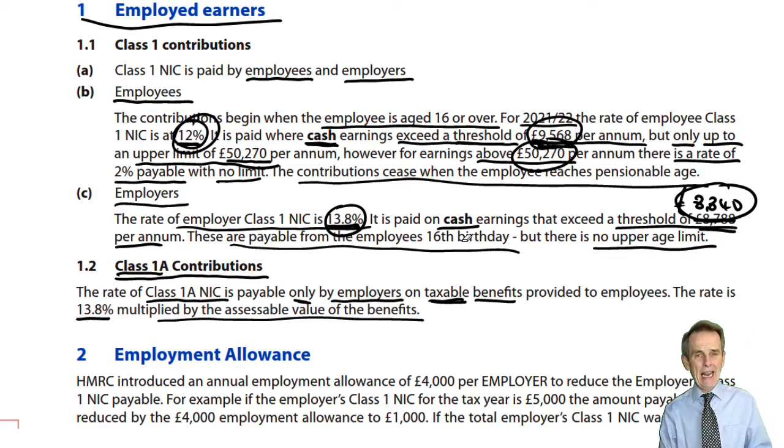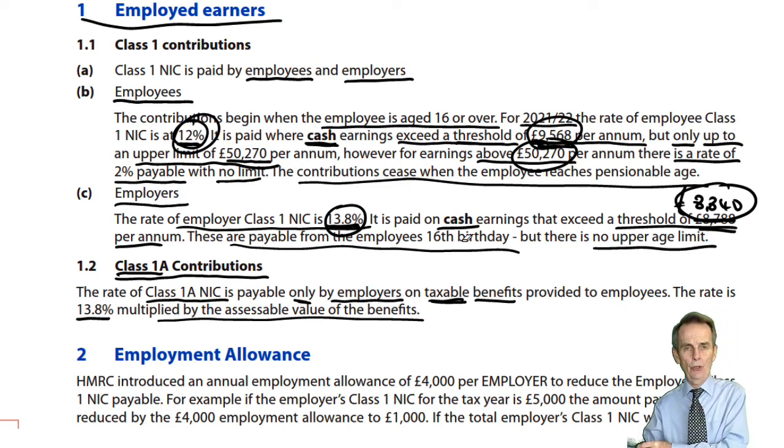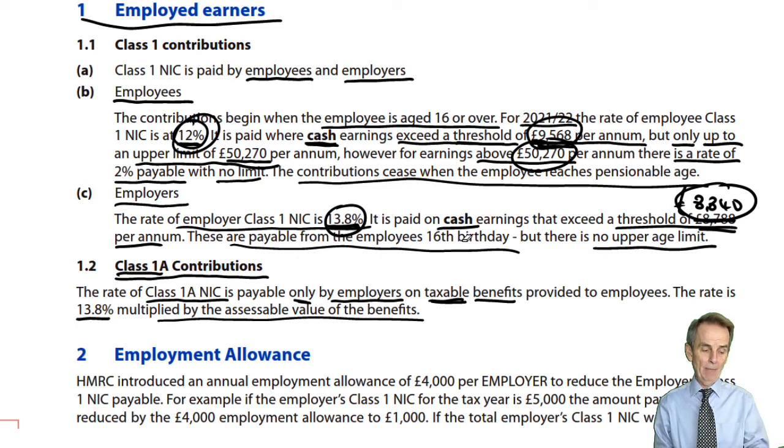Now here, be careful when answering an exam question. A Section A objective testing question is the most likely one. But be careful as regards what they actually ask you for. There are all sorts of possible questions they could pose here. Do they just ask for the Class 1 employee, or primary, contributions? Do they ask for Class 1 NIC contributions? Class 1 is both employee and employer.